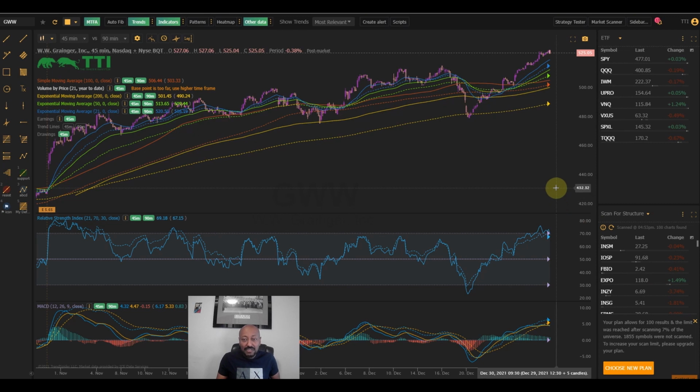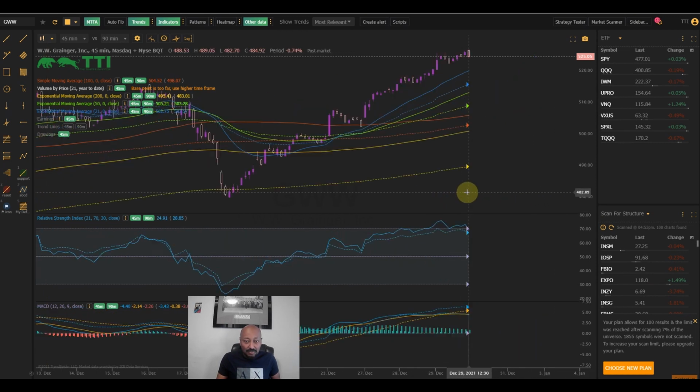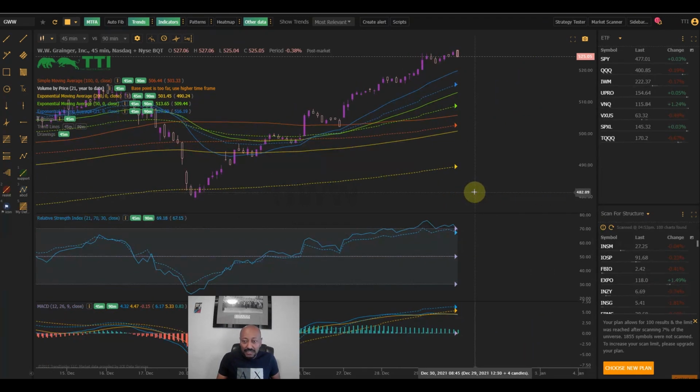But first, let's see what our scan has done, right? We started from this low, we formed a high, a low, a high, a low, a high, a low, a high, a low, a high. Now from this high, we're actually lower, right? So this condition is true.